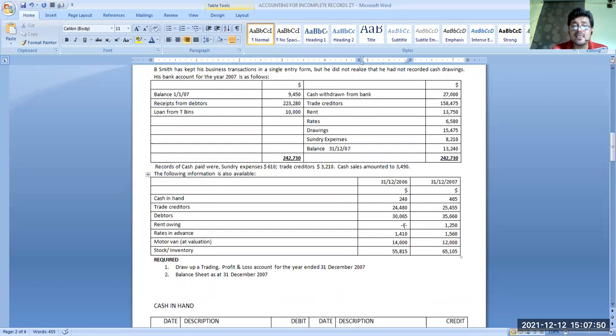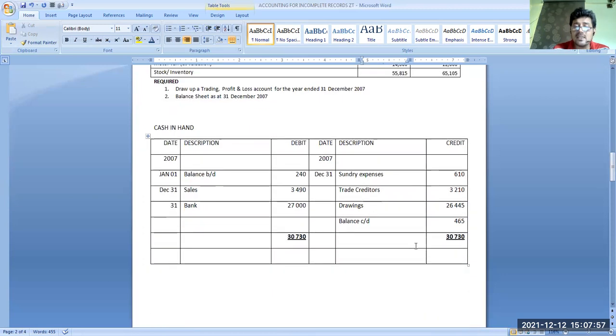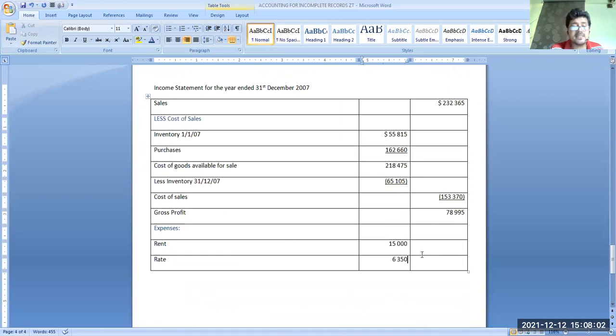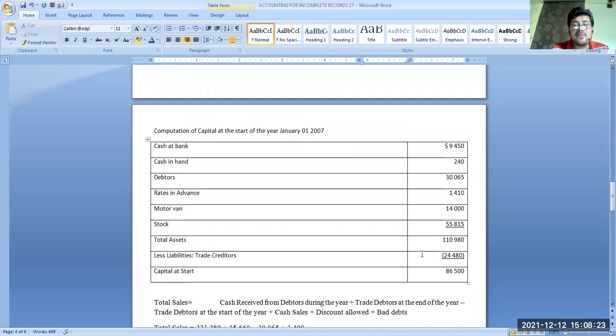So we have to add them, that is 8,210 plus 610, total 8,820. Sundry expenses, 8,820.